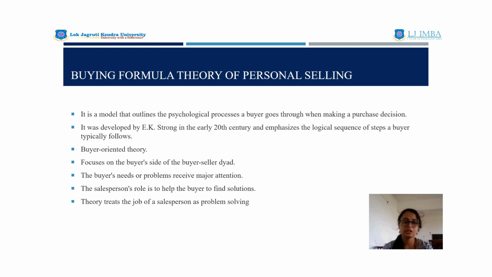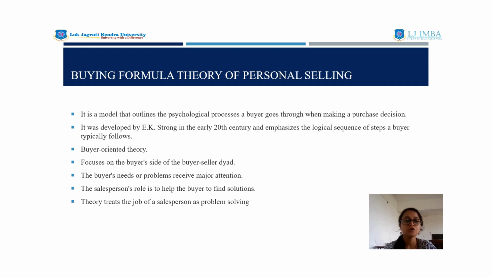Buying formula theory of personal selling is a buyer oriented theory. In previous theories we have seen that they were seller oriented, because they were based on the seller's point of view: what decisions the seller has to take, what sales pitch they should create, what environment and circumstances they have to look at for creating a sale, right?